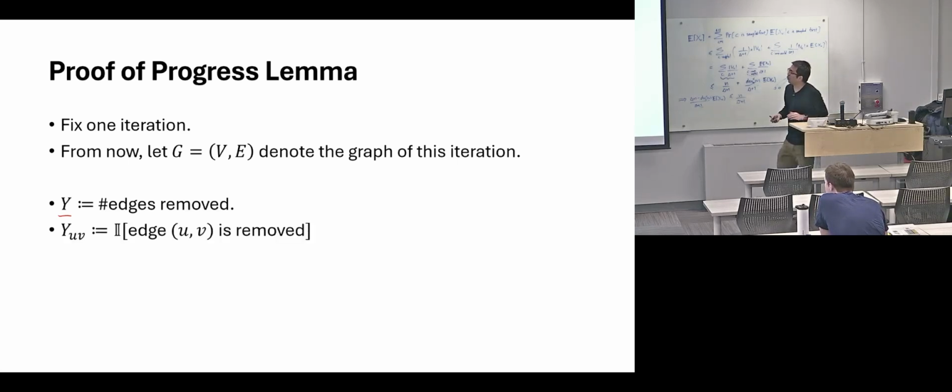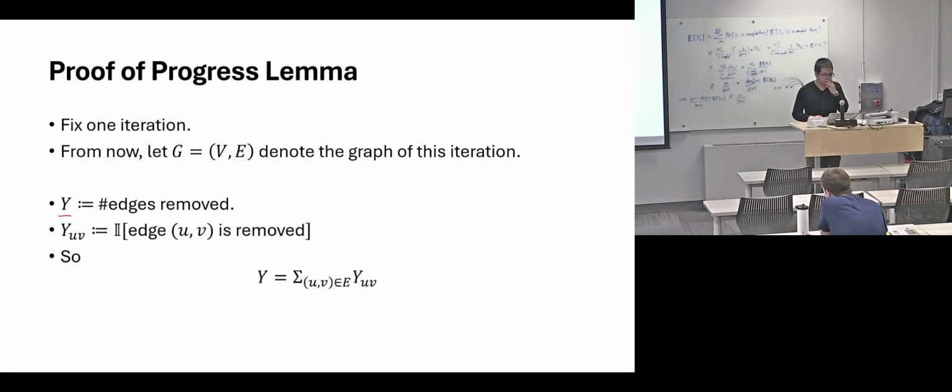Let's say y is the number of edges that I removed, and y of uv is the indicator that an edge uv is removed. So y is the sum of y uv over all edges.